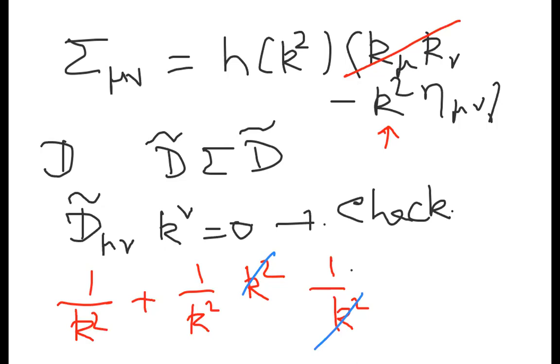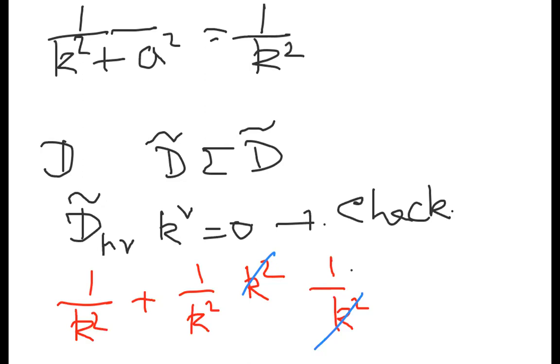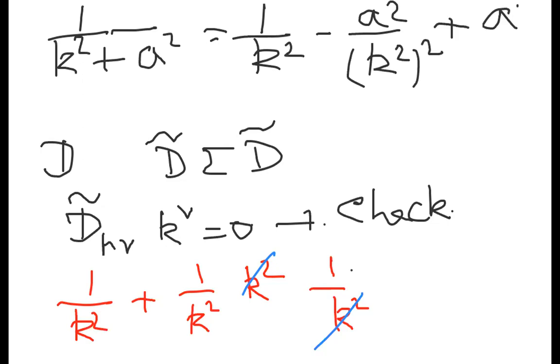If, for example, the pole was something like 1 over k square plus some small number, let's call it a square, and you are expanding in powers of a, then what you get is 1 over k square first, then minus a square over k square whole square, plus a to the 4 over k square cube, and so on.